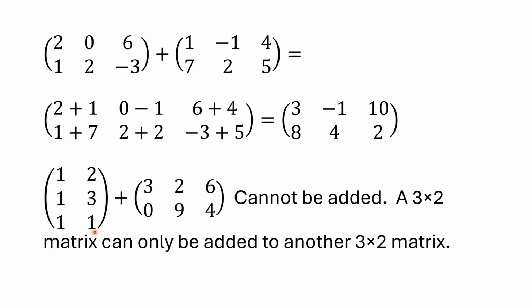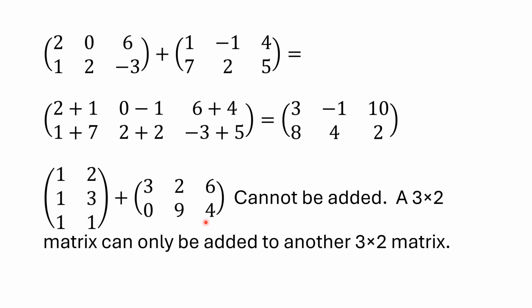Here we try to add these 2 matrices. The first row has 2 positions here and 3 here. Well, what would you do with the 6 out here? They don't fit. If they don't fit, they cannot be added. So addition isn't defined for every pair of matrices.